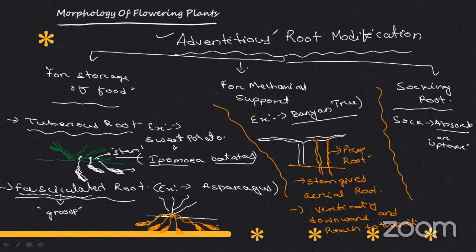So here some of the plants, just like your Cuscuta. Suppose this is the plant body. Some plants possess Cuscuta, and these plants grow connected with other plants.